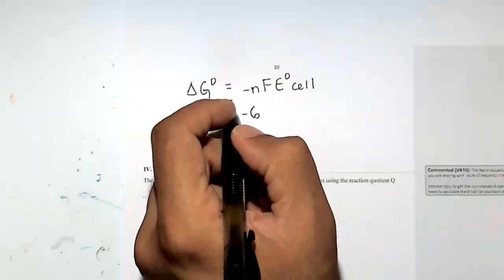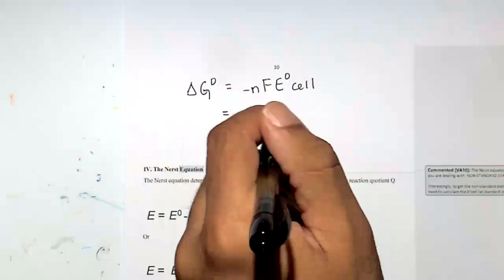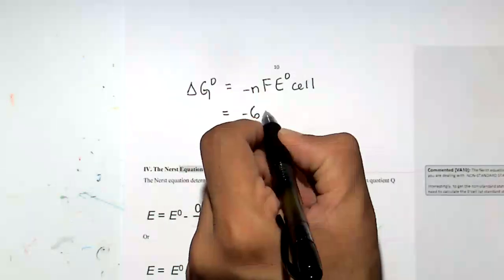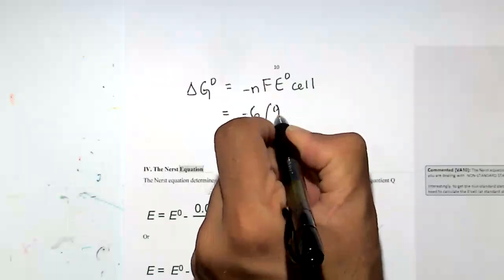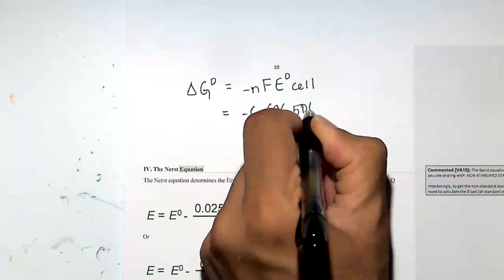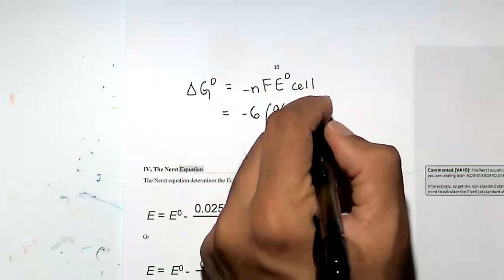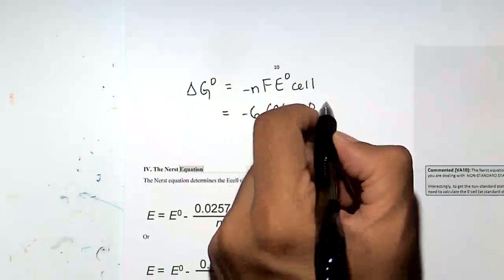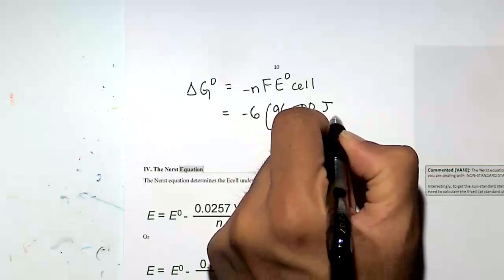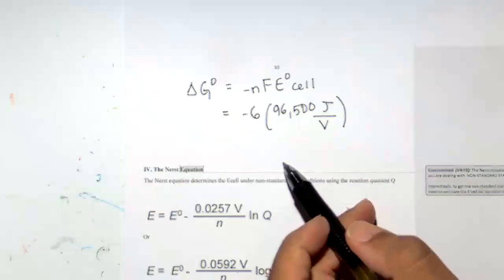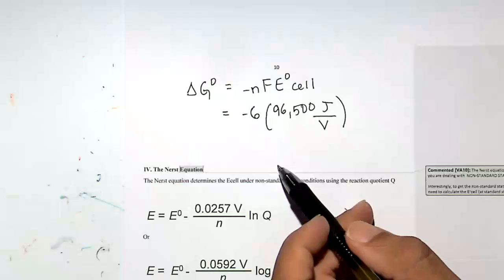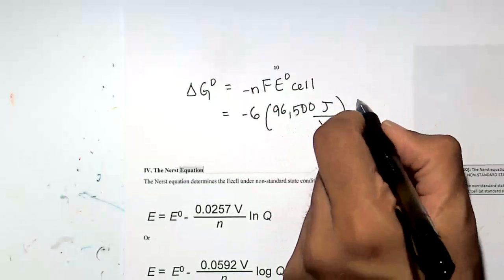This is a 6 electron transfer reaction. I'll just put 6 here. And then F, I'll give you this constant, 96,500 joules over volts. This is the Faraday constant, and I'll give you that. You do not have to memorize it.